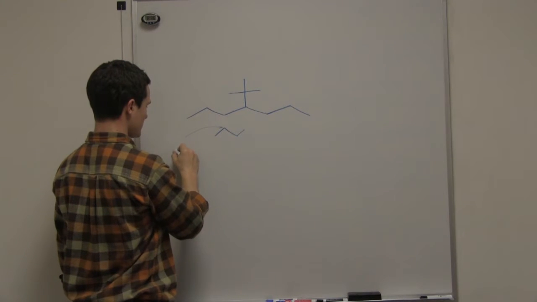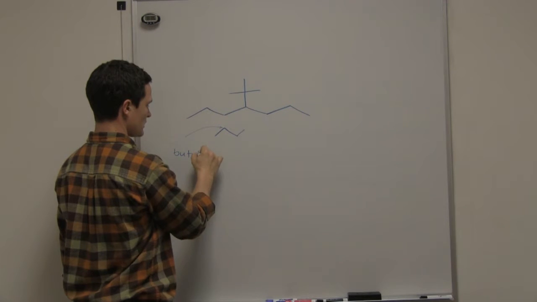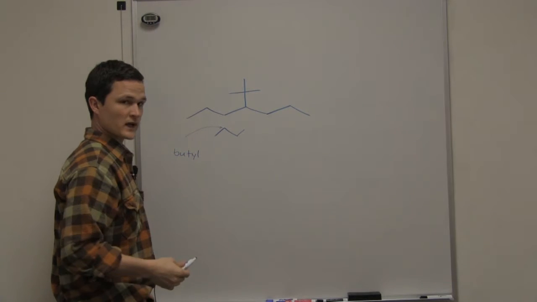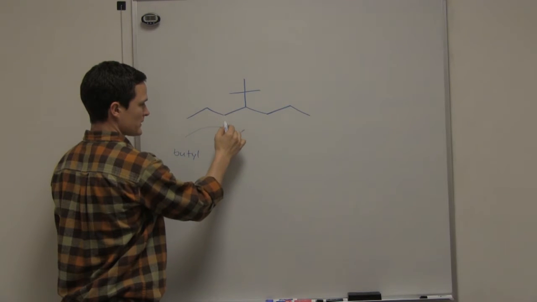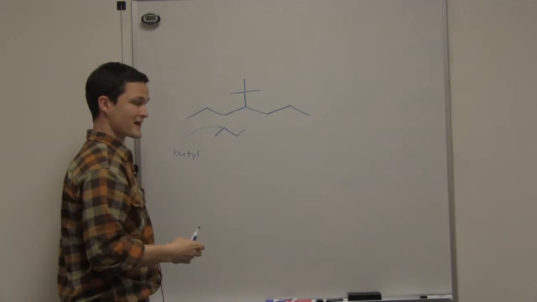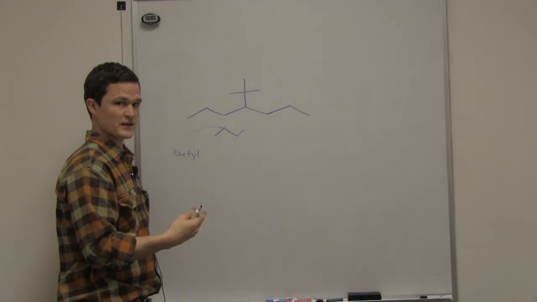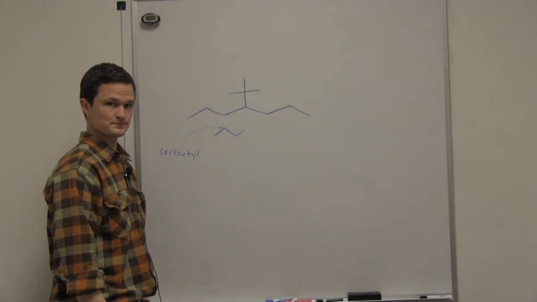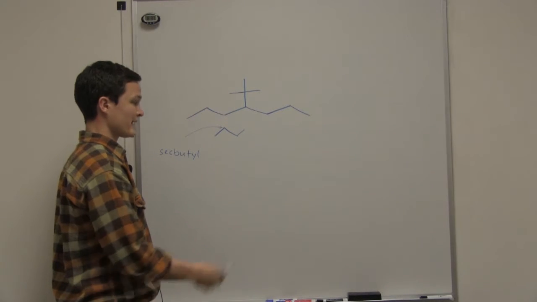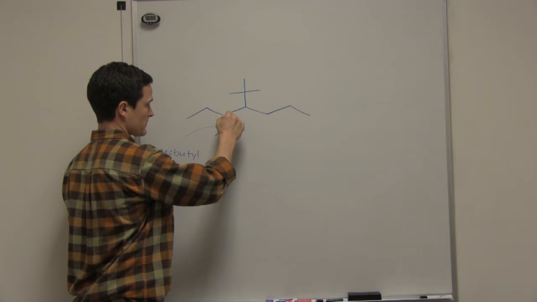So we know that it's going to be a butyl of some kind, but what kind of butyl is it? Well, the carbon bound to the parent chain is a secondary carbon, because we said that it was secondary. So it is a sec-butyl, and that's why it has that name.